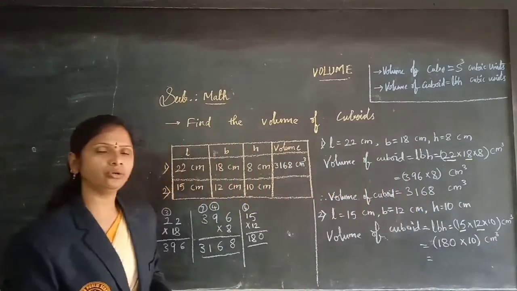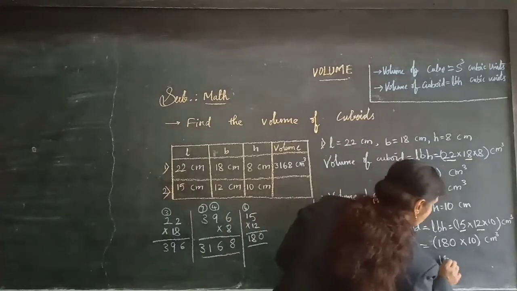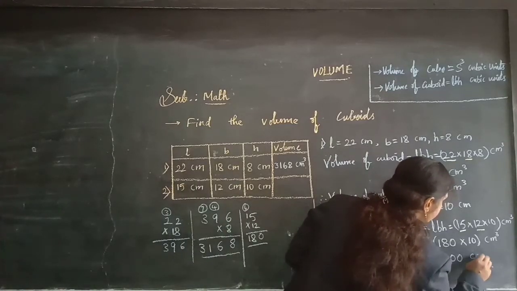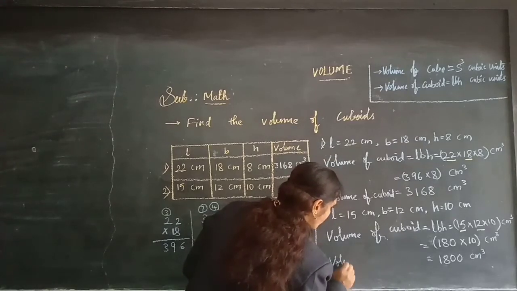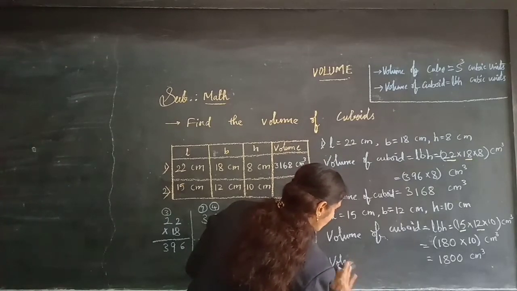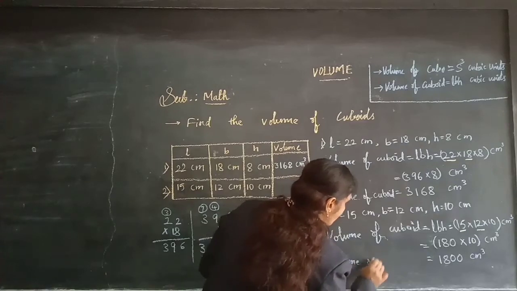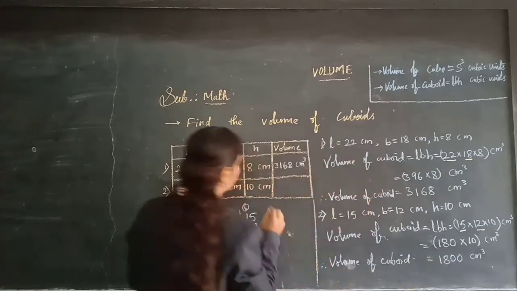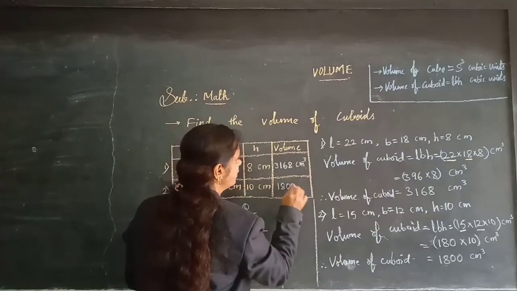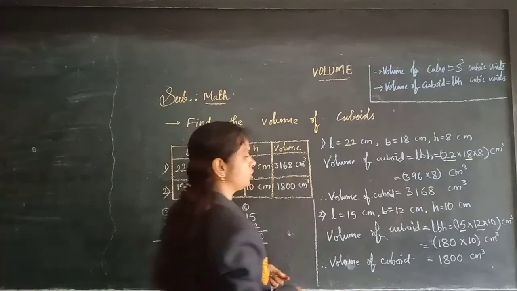Now 180 into 10 is 1800 centimeter cube. So the volume of the second cuboid is 1800 centimeter cube.